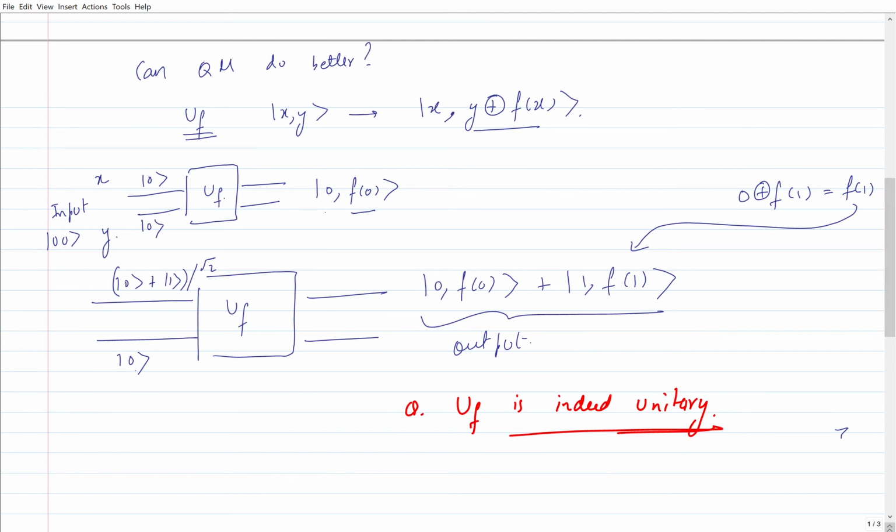And remember, my task was to find whether the given function f(x) is constant or balanced. By the way, this U_f depends upon the specific function f I want to determine. I'm going to draw the circuit of the Deutsch algorithm.